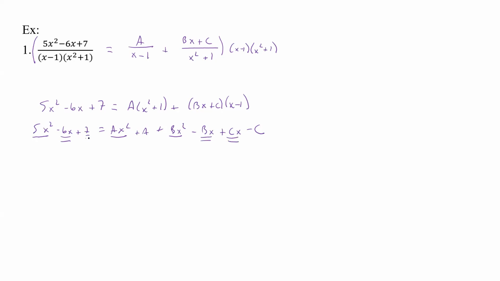And then we have the number, and we have this number, and we have this number. So we're going to have 3 equations, 3 unknowns. So our first one is going to give us 5 equals A plus B. Our next one's going to give us minus 6 equals, and then over here we have A minus B plus C. And our last one's going to say 7 equals, and then we have A minus C.